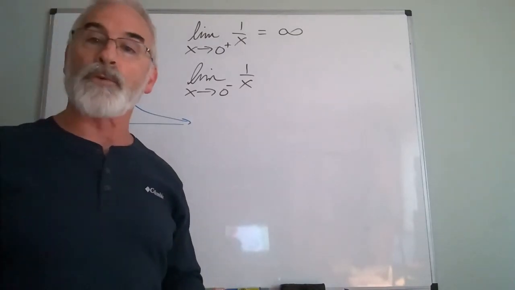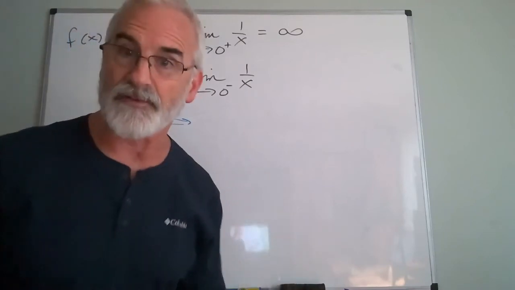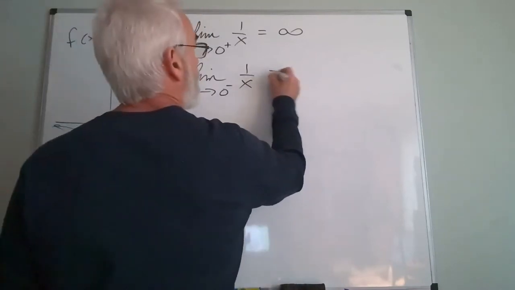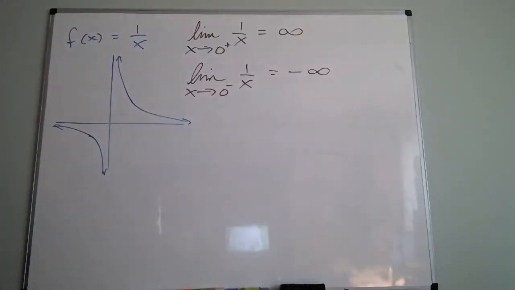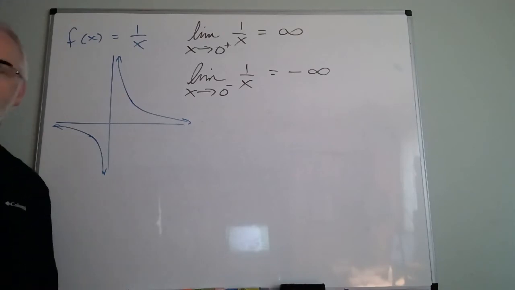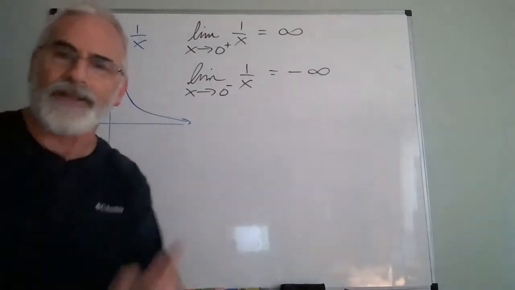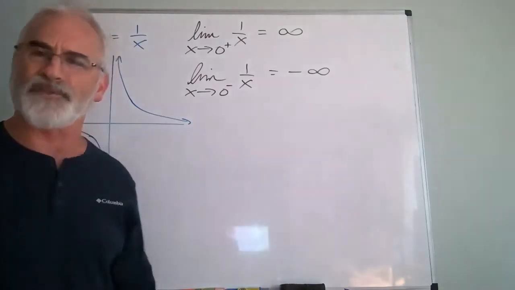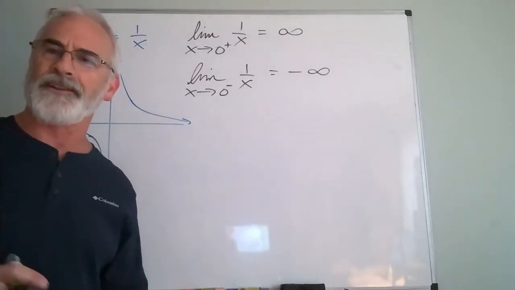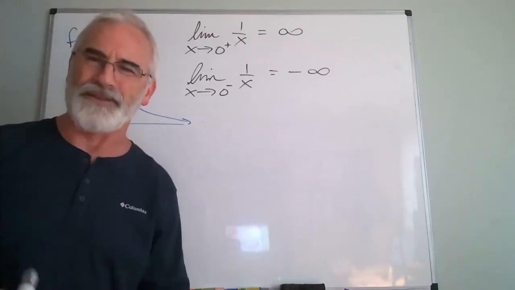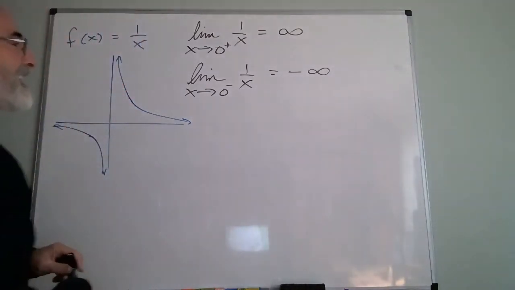And so if I'm growing without bound negatively, that limit would be negative infinity. These are, again, very, very important results. You cannot calculate these by plugging numbers into a calculator. If I plug numbers into a calculator and have a finite number on my screen, I really can't justify an answer of infinity. That's not where it comes from.